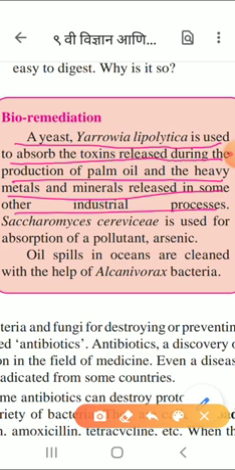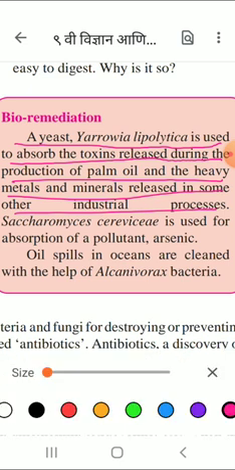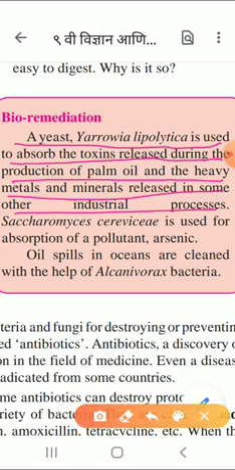The other one is Saccharomyces cerevisiae. We will see here, children, this is Saccharomyces cerevisiae. It is used for the absorption of pollutants such as arsenic.